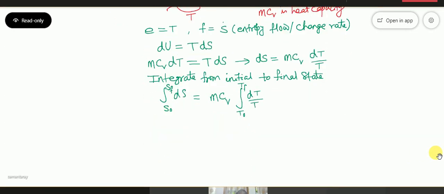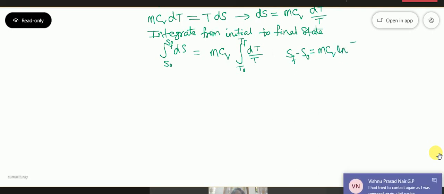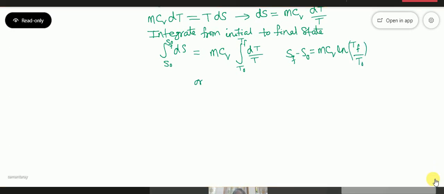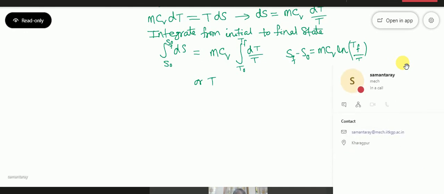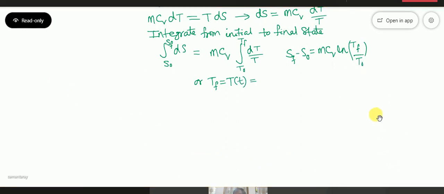Okay, so we now have S minus S naught equal to MCB times natural log of T final by T naught. Or we can write T final, that is T at any given time T, by taking the exponential, then multiplying with T naught.